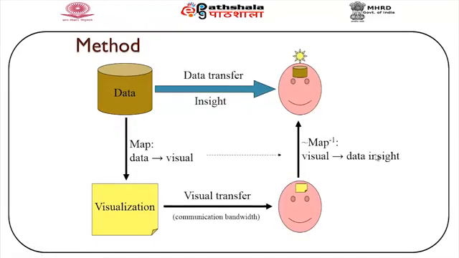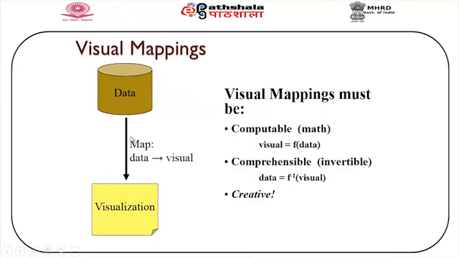As I said, in the visualization process, the data is mapped onto a visual structure. These mappings are called visual mappings, and they are supposed to be computable in nature. That is, they are mathematical mappings where the visual is represented as a function of data.